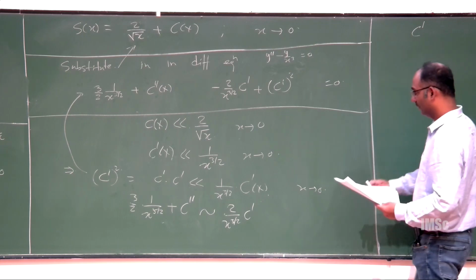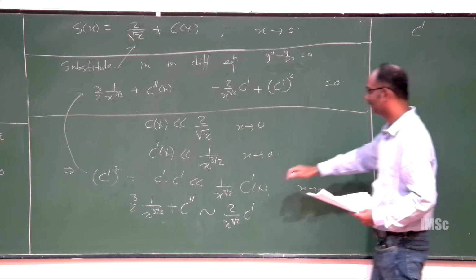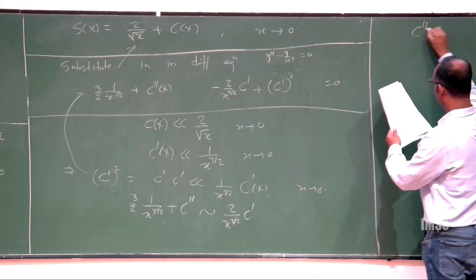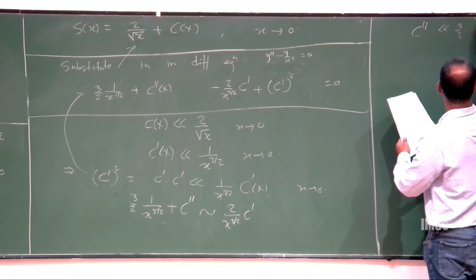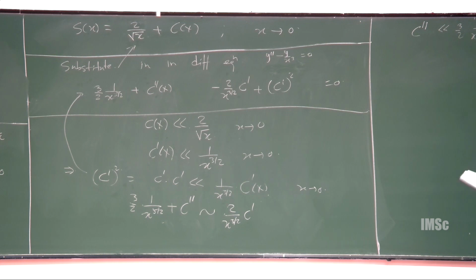So, we are here, and because c prime is much smaller than 1 over x^(3/2), c double prime, if you take the derivative, is much smaller than this.